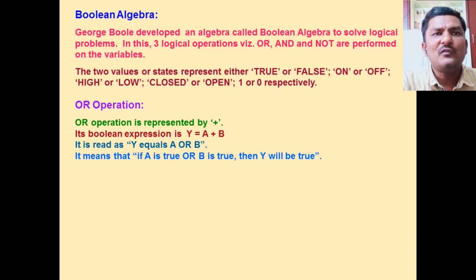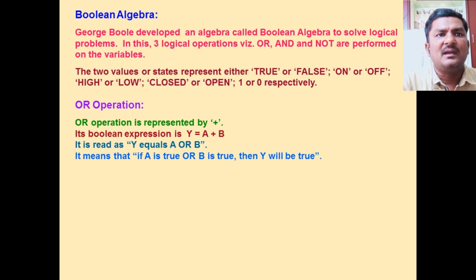The two values or states represent 1 or 0: 1 for true, on, high or closed, and 0 for false, off, low, open.